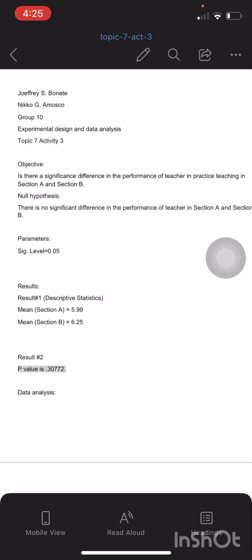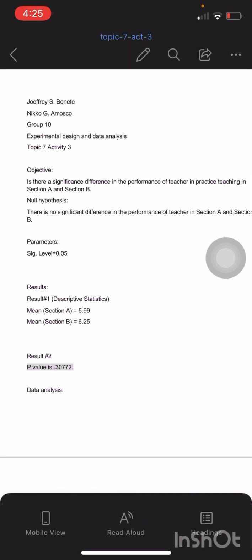Null hypothesis: There is no significant difference in the performance of the teacher in section A and section B. The parameter is significance level 0.05, and then result number 1 is descriptive statistics.